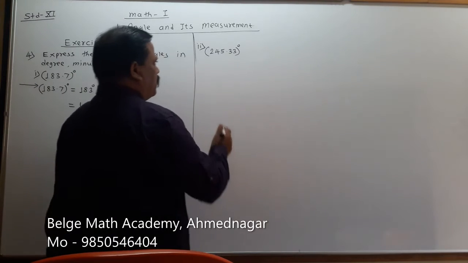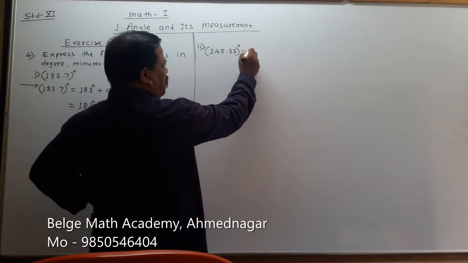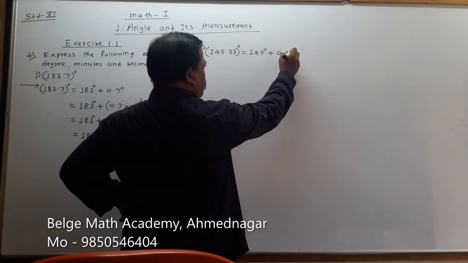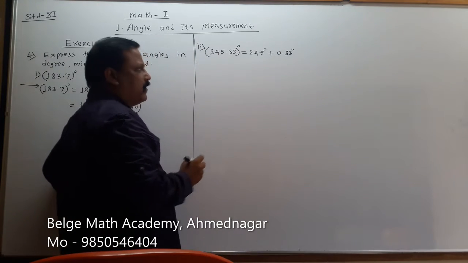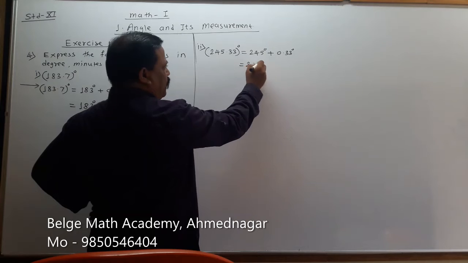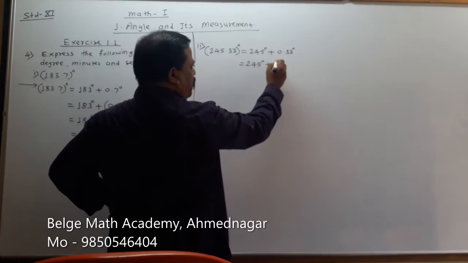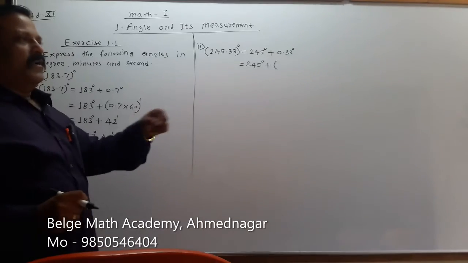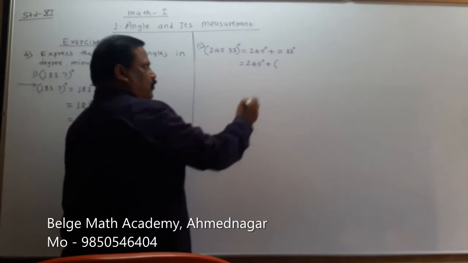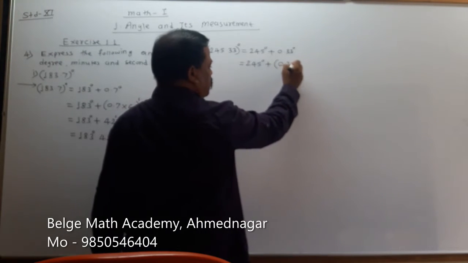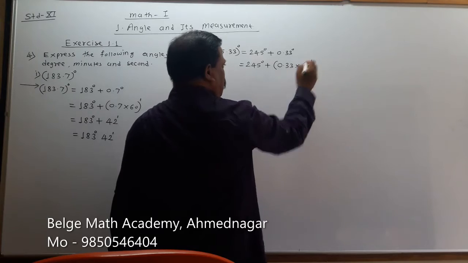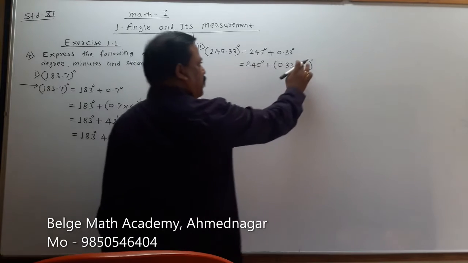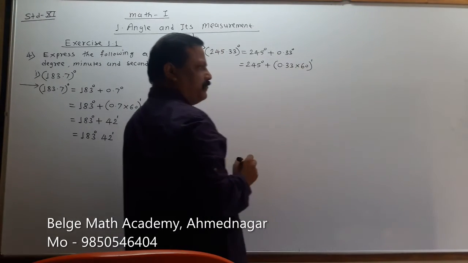The integral part is already in degree. The decimal part is 0.33 degree. 245 degree and 0.33 is the decimal part, and this decimal part is converted into minutes, so we multiply by 60.